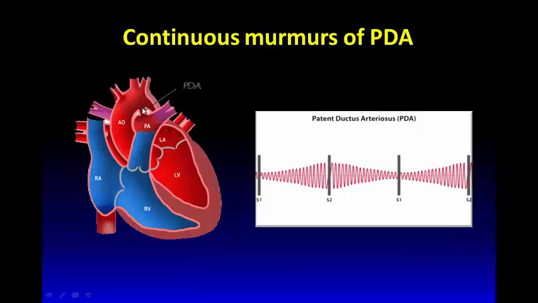So here we have a patent ductus arteriosus between the aorta and the pulmonary trunk, and this is the continuous machine-like murmur of the patent ductus arteriosus, heard throughout systole and diastole.